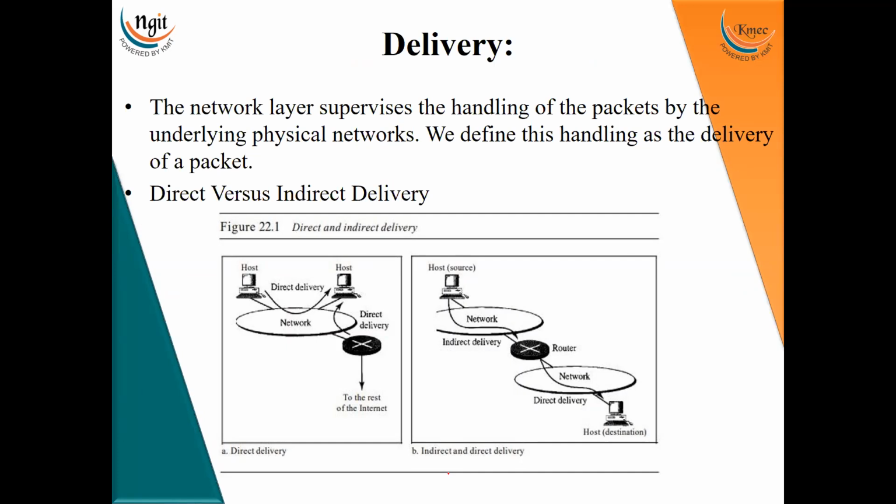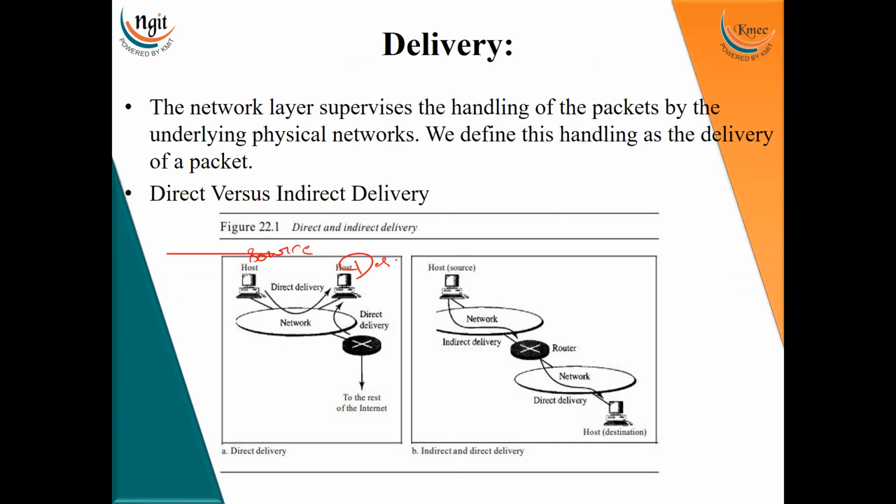Now here we have two different types of deliveries: direct and indirect. In the direct delivery, we do not have any other internetwork connection. Directly, we have a transmission from host to host. That means we can call one host the source host and another one the destination host.